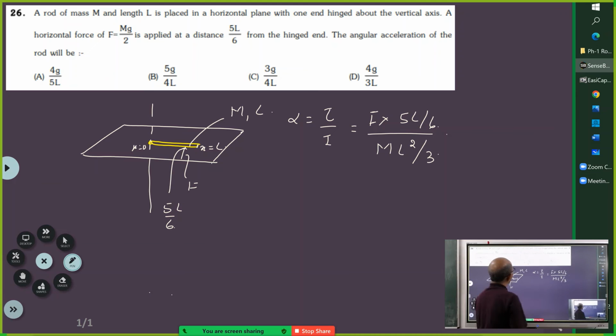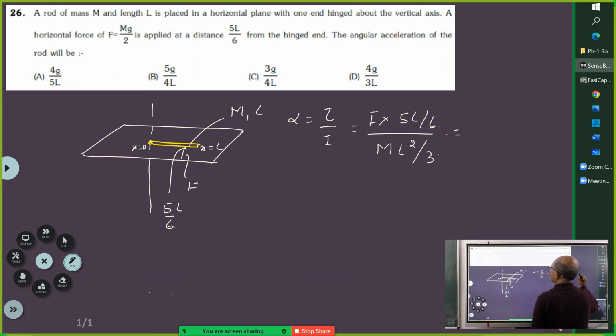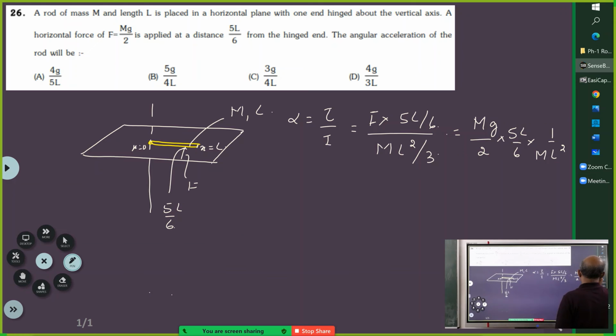Correct now? Yes, sir. So just take it. F is given as what? Mg by 2. So Mg by 2 into 5 l by 6 into 1 upon m l square, and this 3 will come into the numerator.